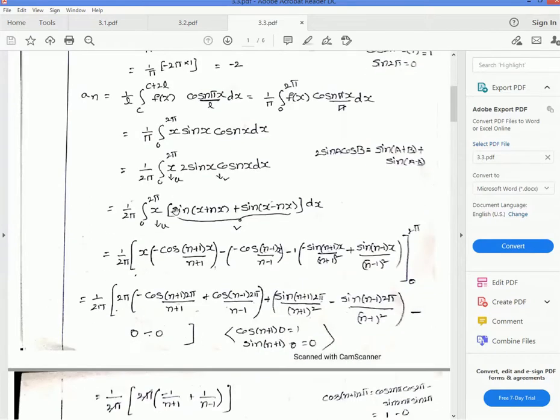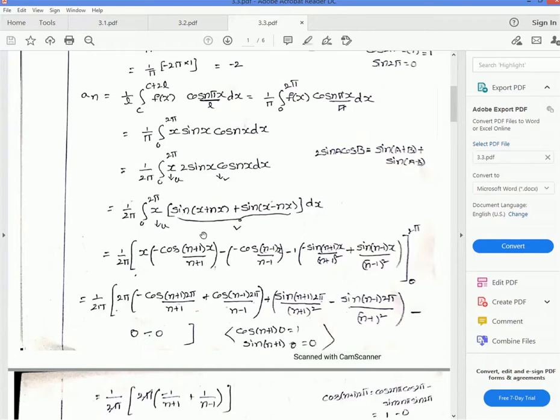So now take u as x and v as sin((1+n)x) plus sin((1−n)x). If we take x common, this becomes (1+n)x and (1−n)x. Now using the UV rule: u times the integral of v.